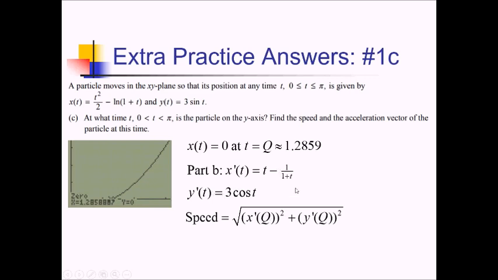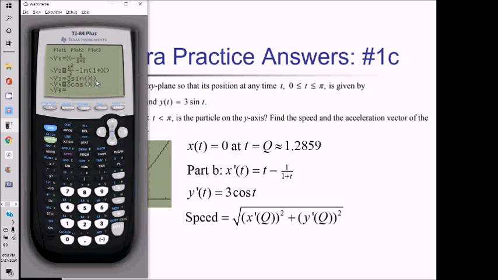So here we are back in the y equals. As promised, in y4 I've put my y prime here. So let me quit out of there now, and I'll just do all of this on the calculator. So I'll do the square root of, and now we need to do x prime. That was alpha trace y1 is where I stored that.